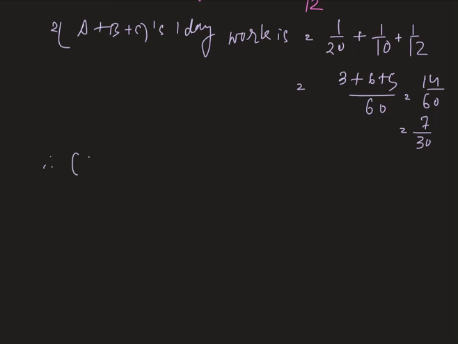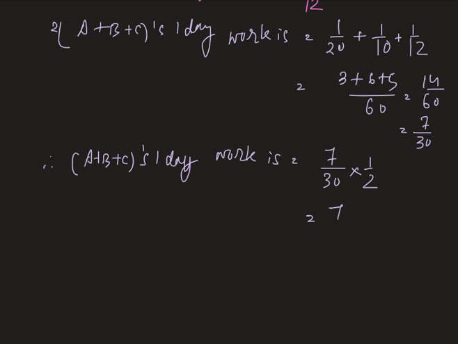Now we can say that A plus B plus C's one day work is 7 by 30 into half. That means 7 by 60.